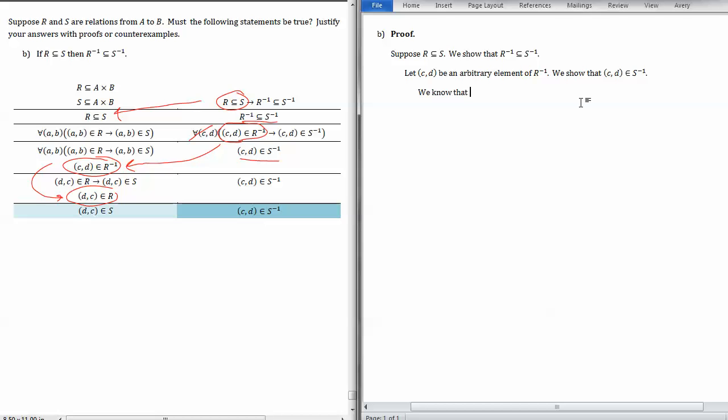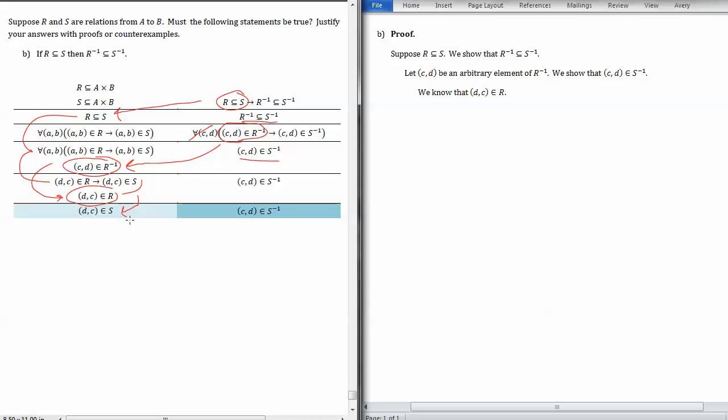We know that (d, c) is in R, and that told us which instance of this statement to use. And this came from the R being a subset of S, right? That got us from there to here. And then these two combine to get us that (d, c) is in S.